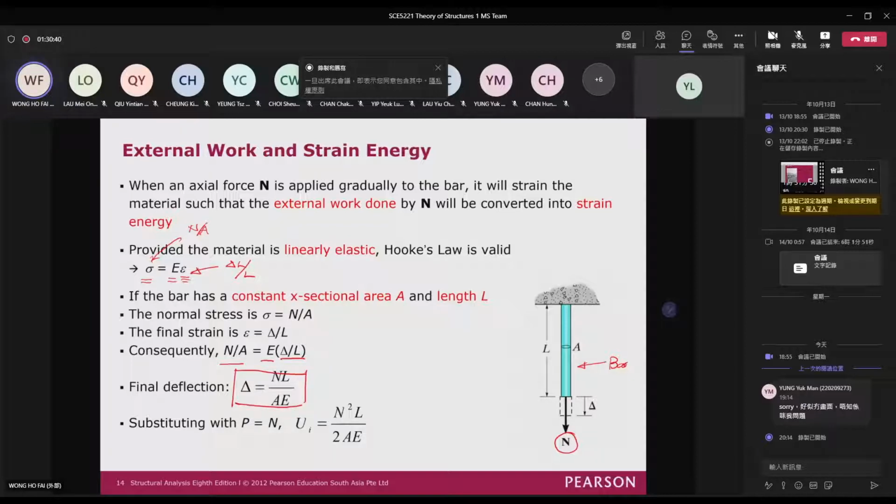If we put P equal to N, because right now we apply the force here, then delta is NL over EA.